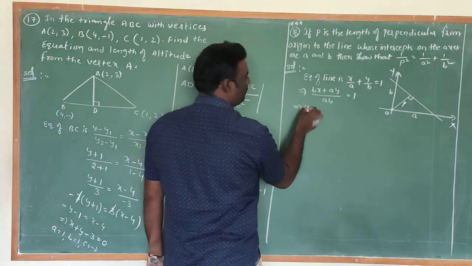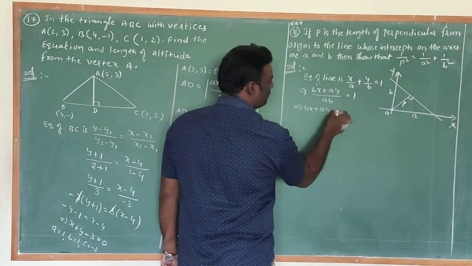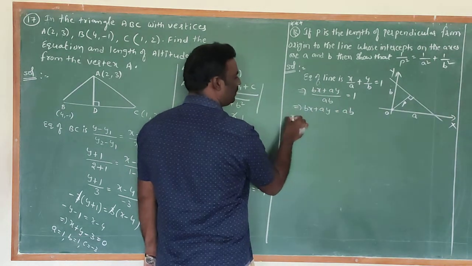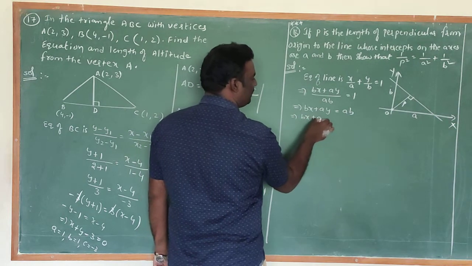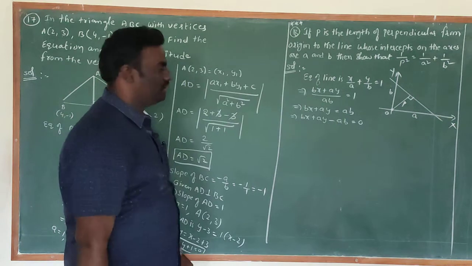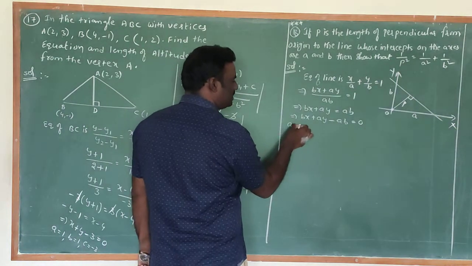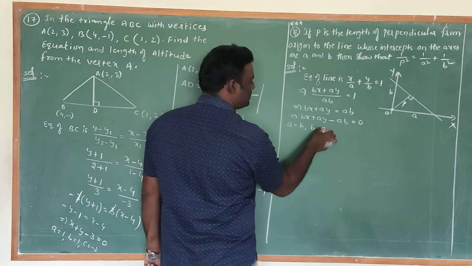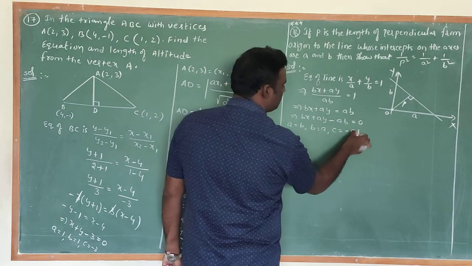That implies bx plus ay is equal to AB, so bx plus ay minus AB equals 0. So from this, A value is B, B value is A, C value is minus AB.